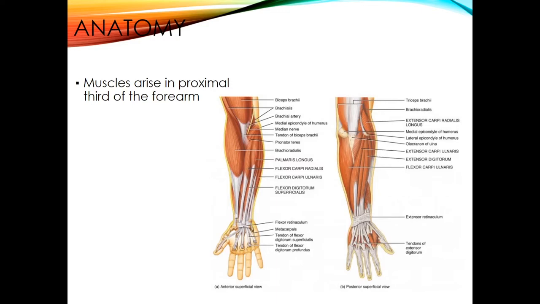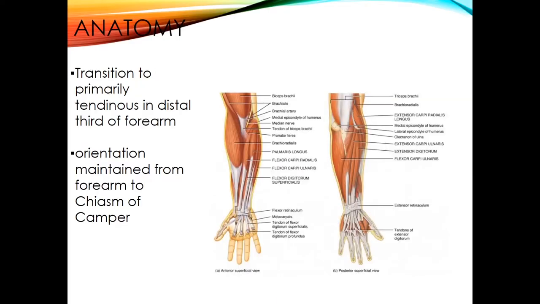So your flexors all start from muscles that arise within the proximal third of the forearm, and most of these are arising from the medial epicondyle and inserting distally either on the hand or in the digits themselves. These transition mostly to tendinous portions in the distal third of the forearm.